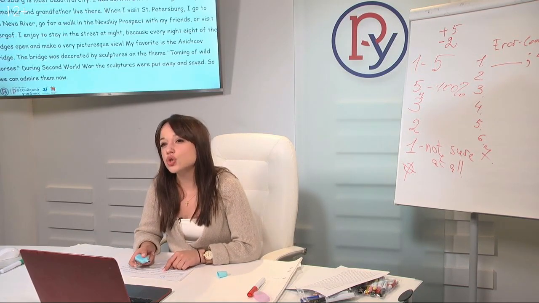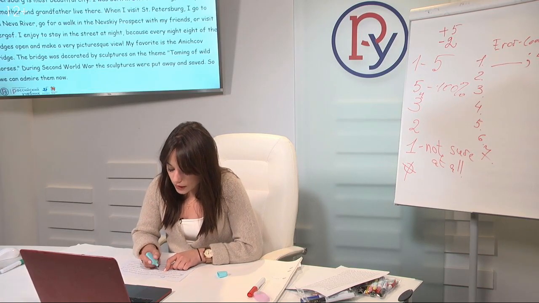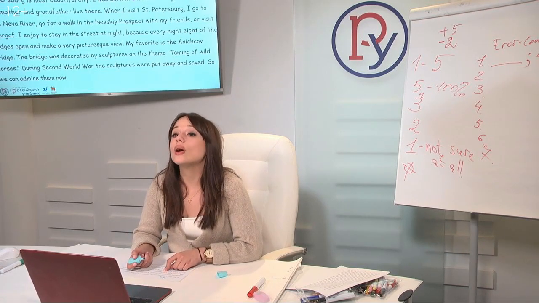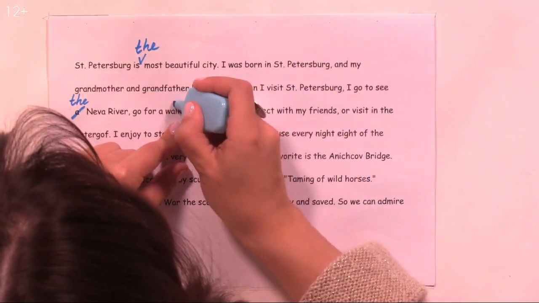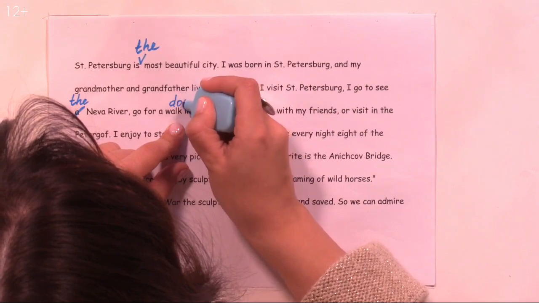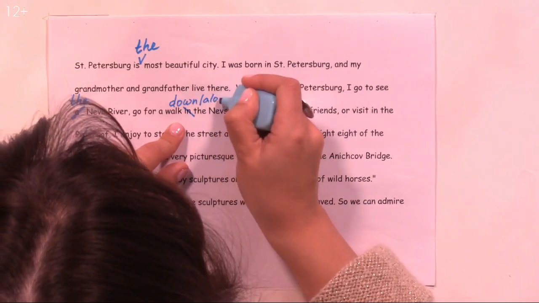When we talk about streets, I'm focusing on prepositions too, right? We can use some other prepositions which would look and sound more natural. For example, I was walking down the street, right? Or along the street.